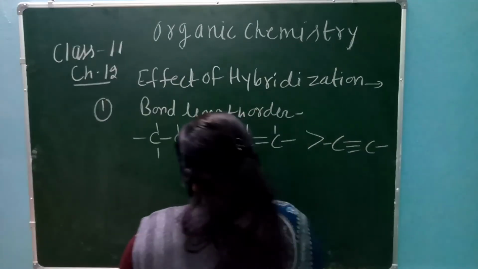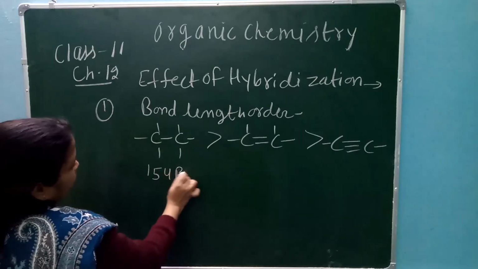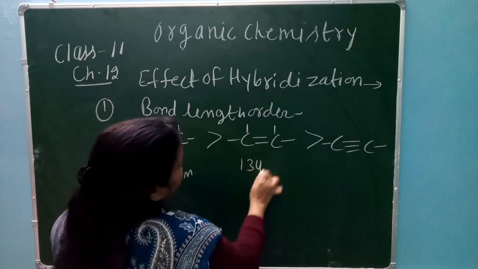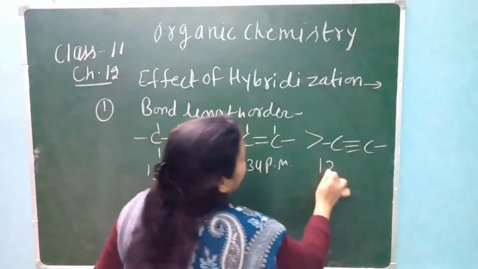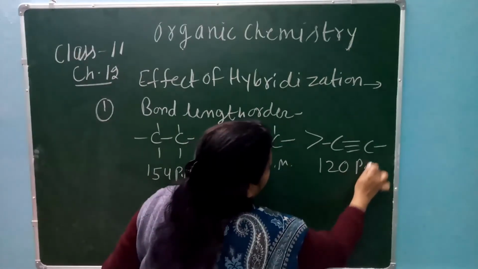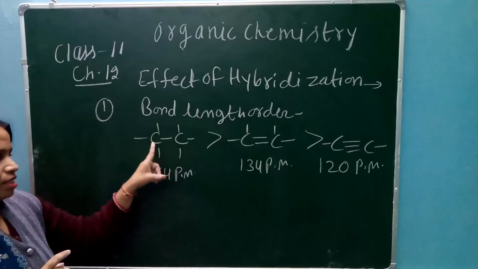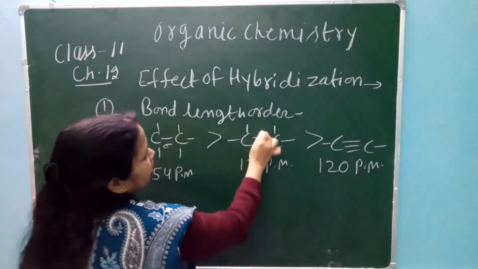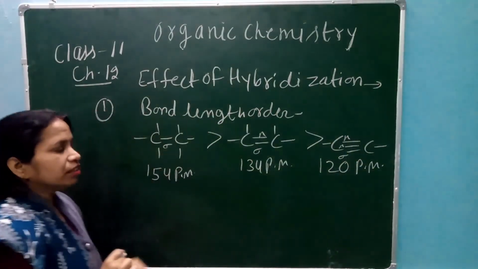So what is the bond length? 154 picometer, 134 picometer and 120 picometer. Single bond is a sigma bond, double bond is sigma and pi, this is a triple bond, unsaturation is present here.